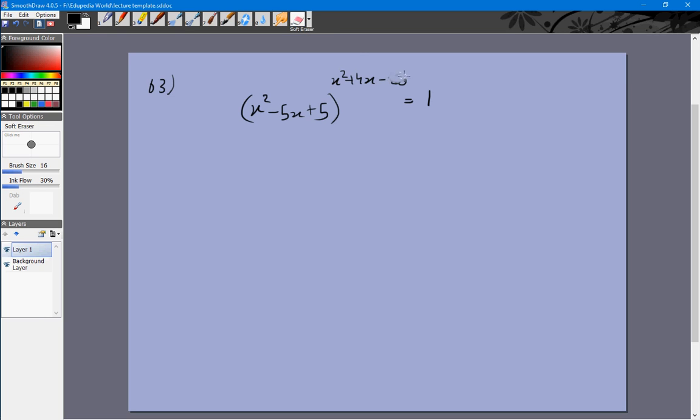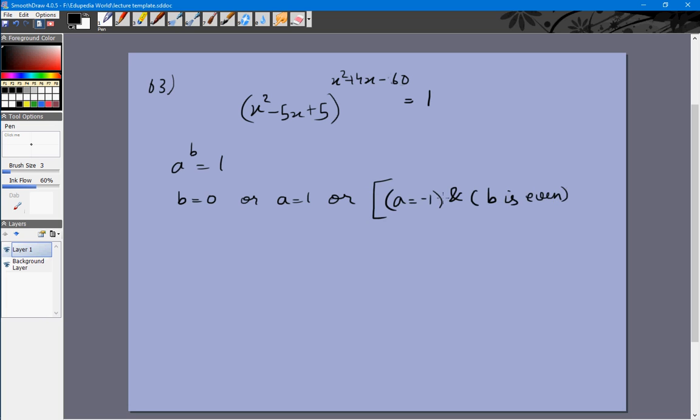When you have two numbers a and b and a to the power of b is 1, there are only a few possibilities. So if a to the power b is 1, it means either b is equal to 0 or a is equal to 1, because anything to the power of 0 is 1 and 1 to the power of any number is 1, or there's a third possibility, a is equal to minus 1 and b is even.